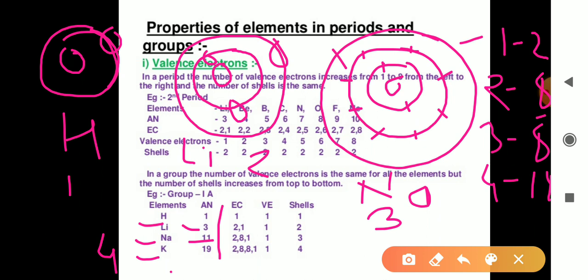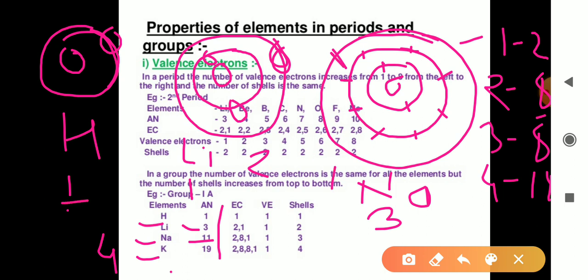And now see the valence electron. In the outermost shell there is 1 electron for hydrogen, so the valency of hydrogen is 1. For lithium, the outermost shell contains 1 electron, so the valency of lithium is also 1. In case of sodium, see the outermost shell, this third one contains only 1 electron, so sodium also has valency 1.